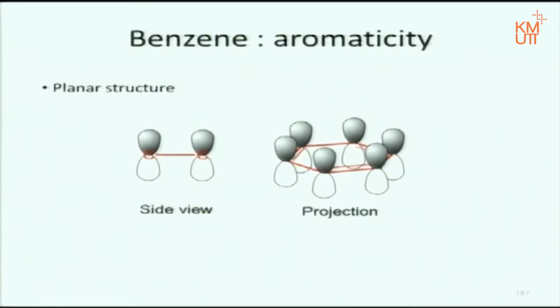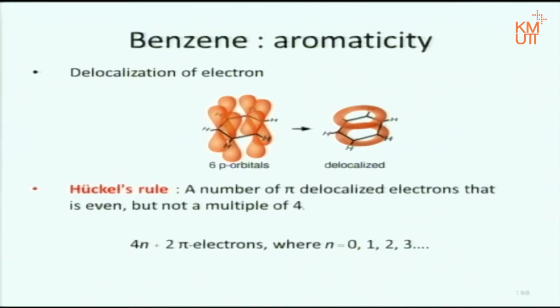This is what it means that electrons can move around because of the structure. You have this movement of electrons around the ring. Aromatic compounds are very stable, and it is very difficult to break an aromatic compound.